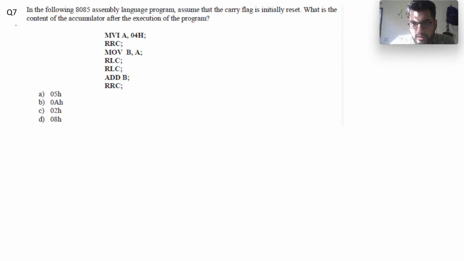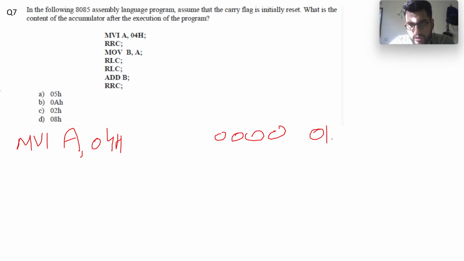So what I have here is this instruction MVI A, move immediate, contents of accumulator as 04 hex. So my A will be equal to 0 0 0 0 0 1 0 0. So this is my A, and my carry flag is 0.